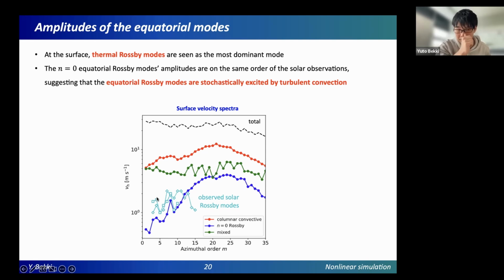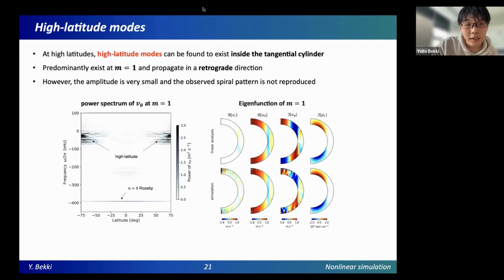So this implies that also in the Sun, the equatorial Rossby modes are not self-excited, but simply randomly, stochastically excited by convection. Right? So far, so good. All right.